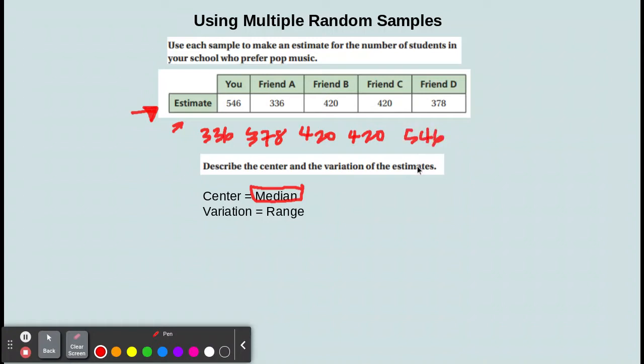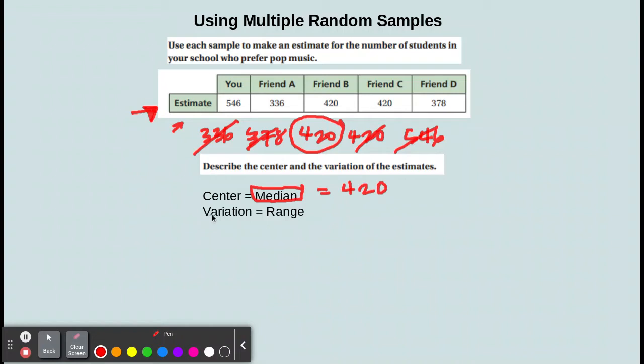And then you find the very center. In this case, we have an odd number of data points, so we have an exact center. Our measure of center, the median, is 420. Okay? All right. The center of a data set is also referred to as the median in this case.